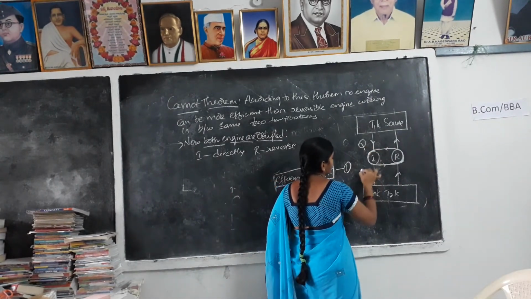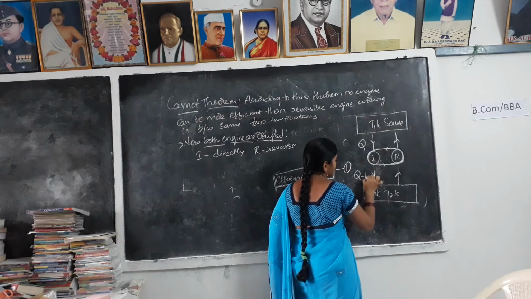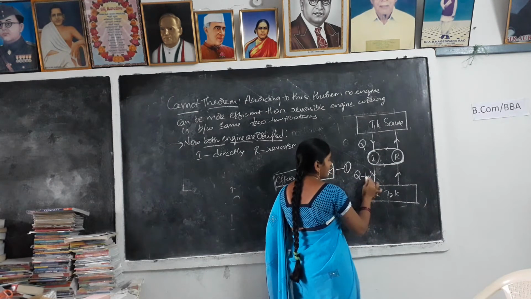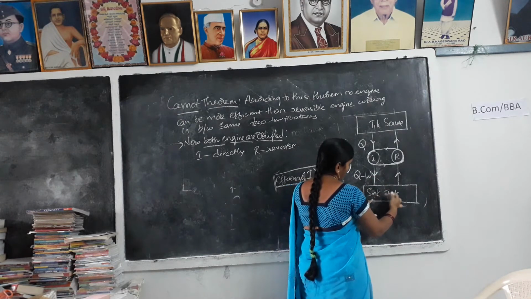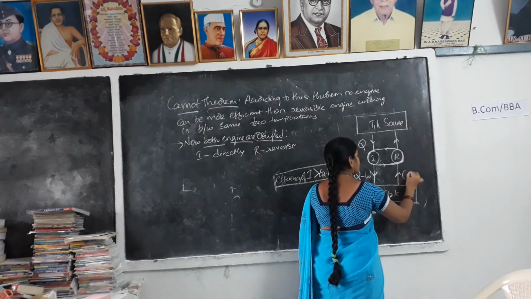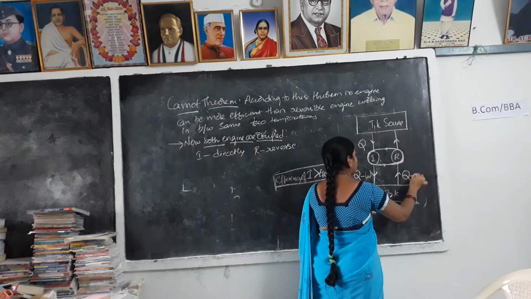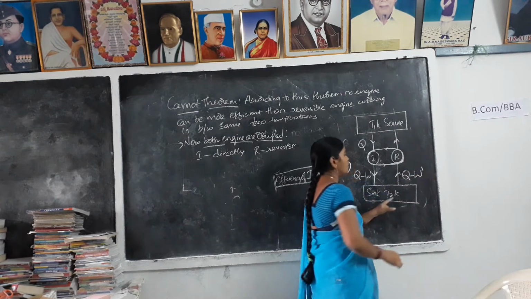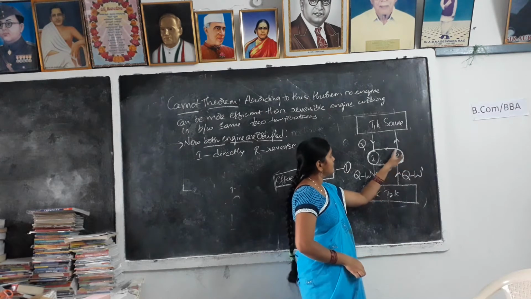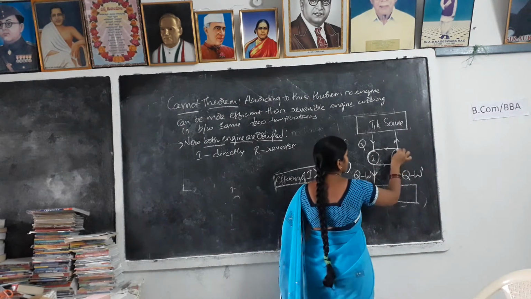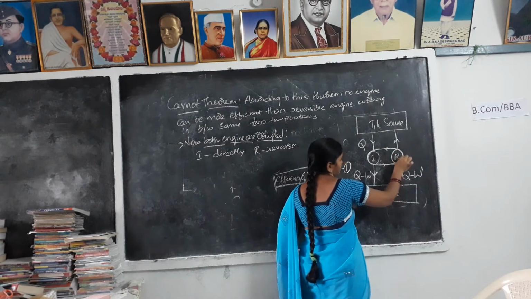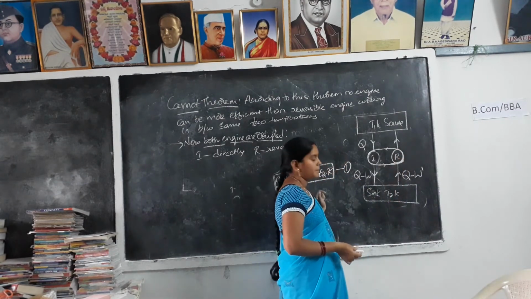And it converts into Q minus W of work, and the amount of heat generated is given to the sink, and it absorbs Q minus W dash of work, because during coupling of the two engines it acts as a compound engine, right?